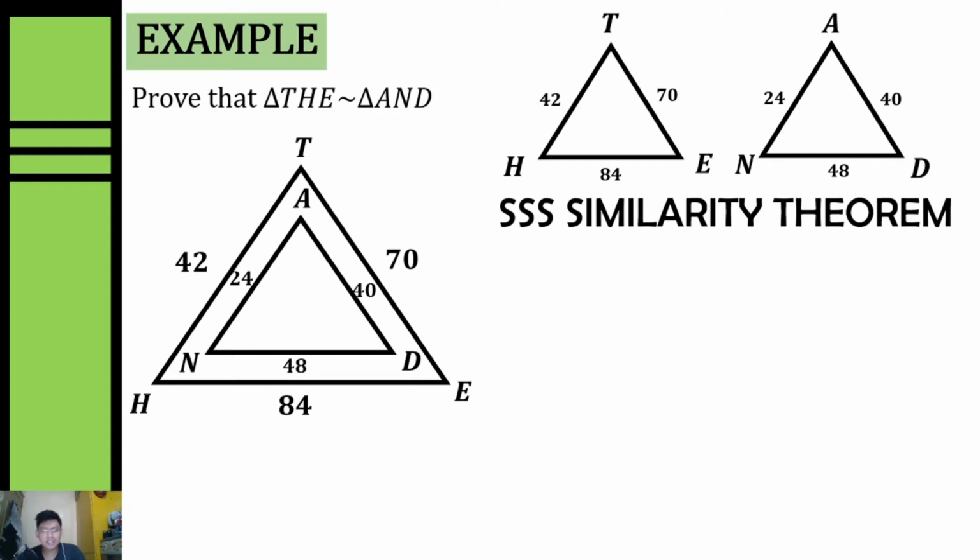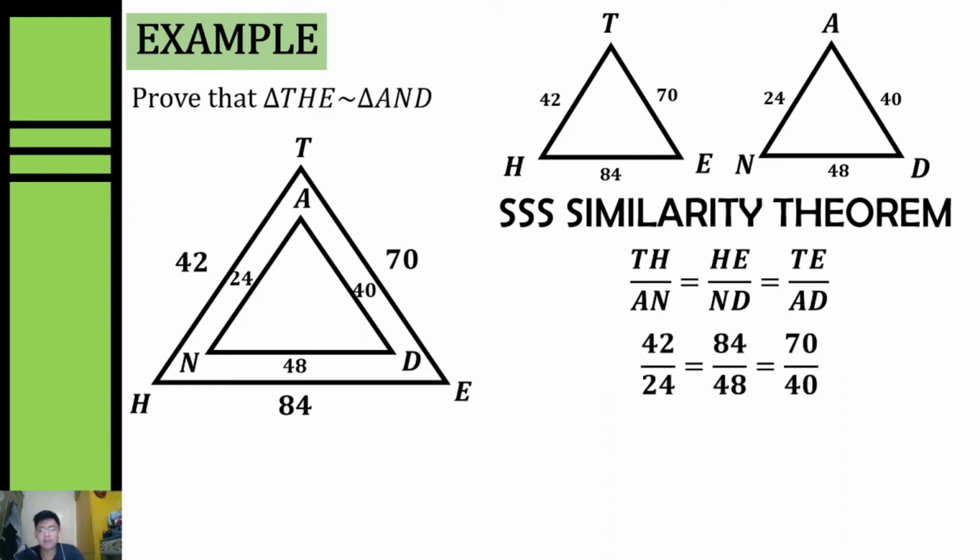For the SSS Similarity Theorem, we will identify if our corresponding sides are proportional. We have this equation: TH over AN is equal to HE over ND and DE over AD. Let's substitute all the measurements in our equation and simplify.